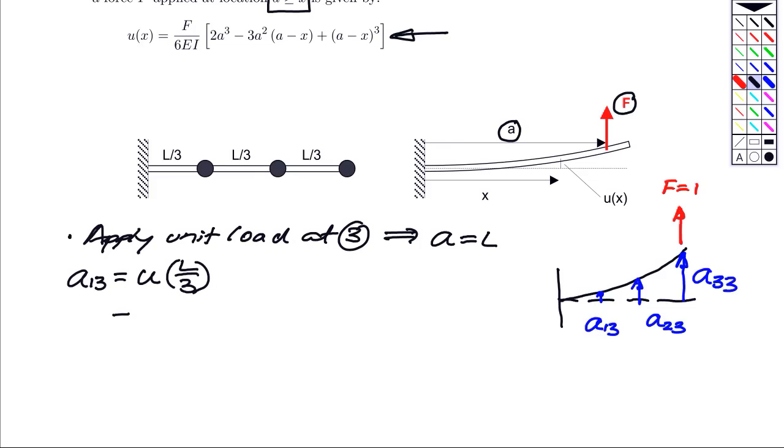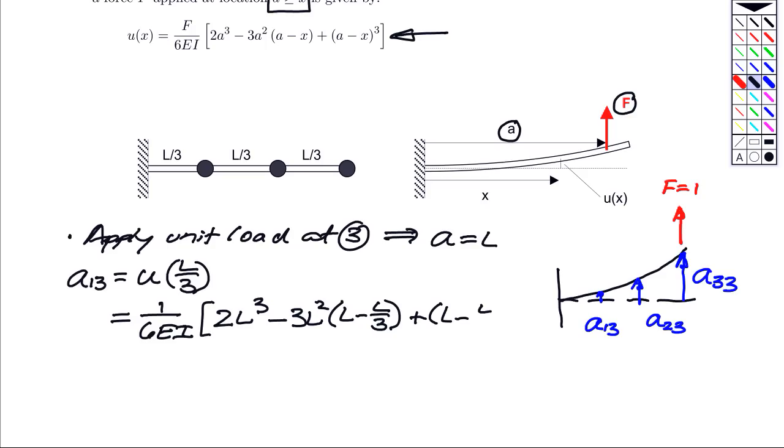So it's putting in A equal to L and X equal to L over 3, I end up with 1 over 6 EI times the quantity 2L cubed minus 3L squared, L minus L over 3, plus L minus L over 3 squared. And combining those terms gives me 8L cubed over 162 EI.